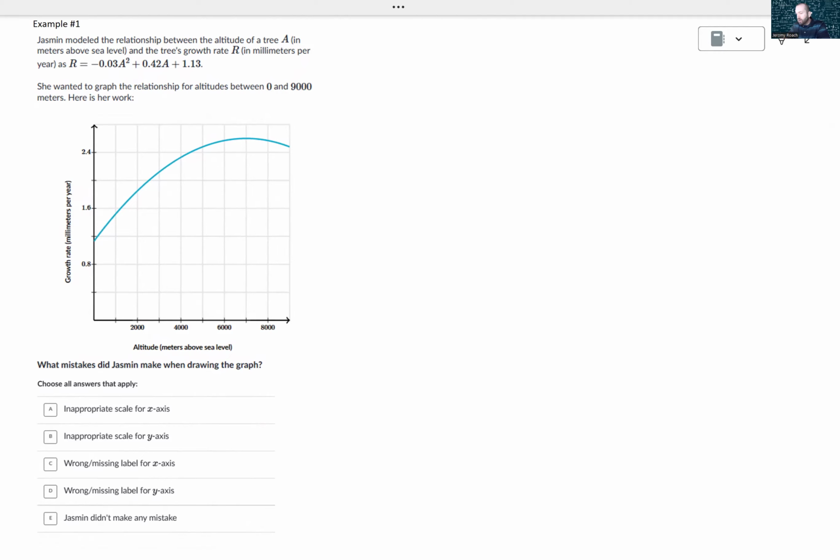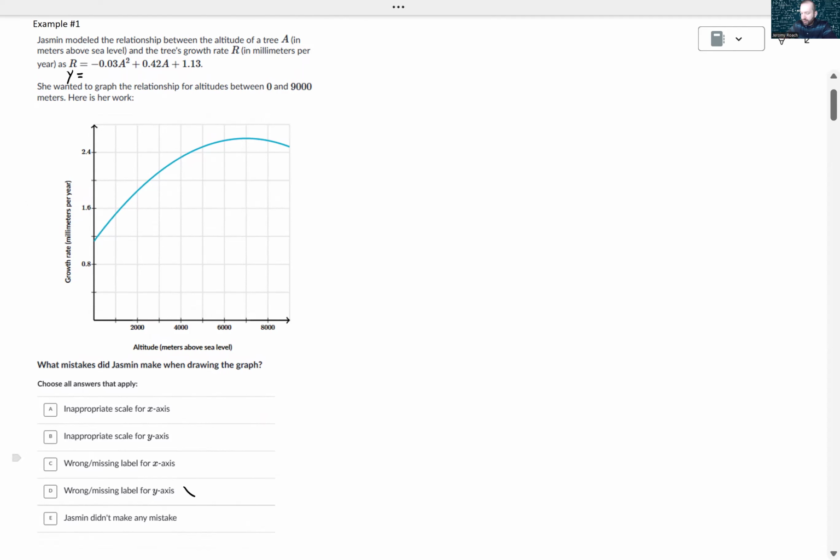And it also says that the growth rate is R, and it says R equals. So this would be y equals. So we can say R is y, or the growth rate. And if we check our y-axis, it looks like we have growth rate on our y-axis. So that looks correct for the label for the y-axis.